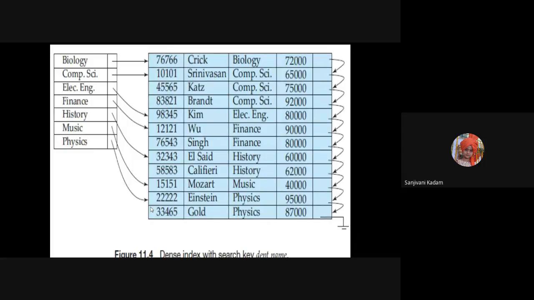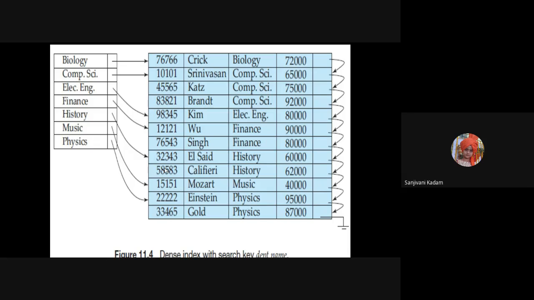Secondary indices are never sparse indices, because an element can be anywhere in my storage order, but we maintain a record for every entry, and that's why secondary indices are always dense indices.